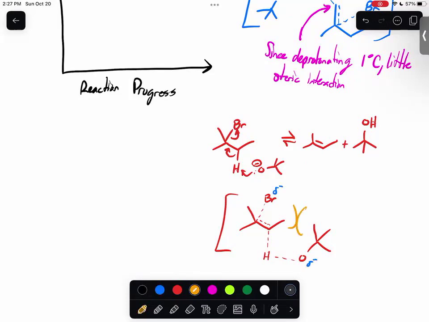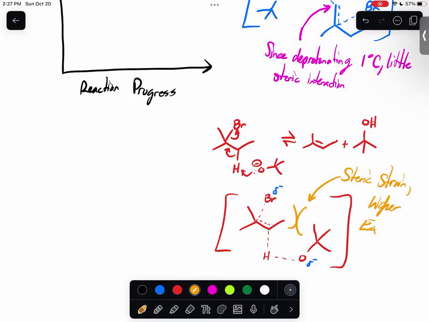Because of that being a secondary carbon, it has that extra bulk that then interacts with our base, right? So this is some steric strain, which means it's going to have a higher activation energy.